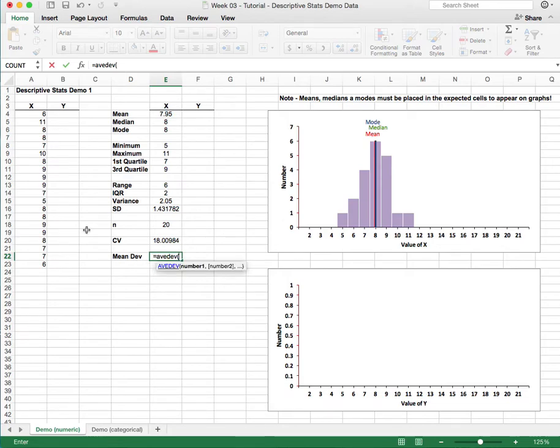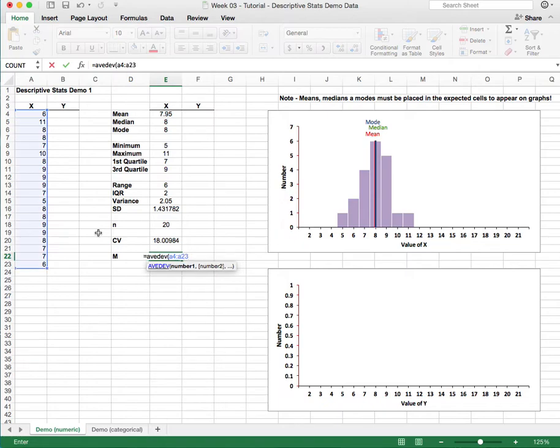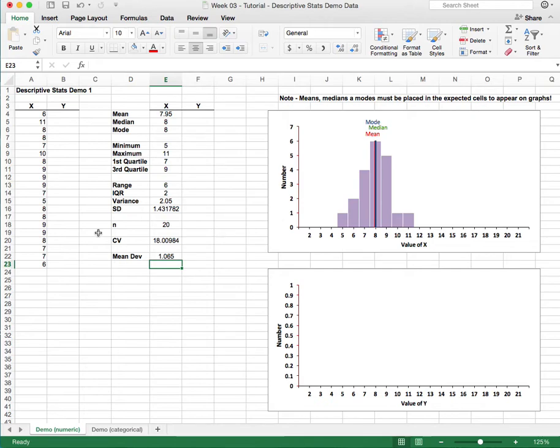Okay, and remember there are multiple ways to do this. We could just type in A4 to A23. We could copy, paste it, we could drag to select that range. But here's our mean deviation.